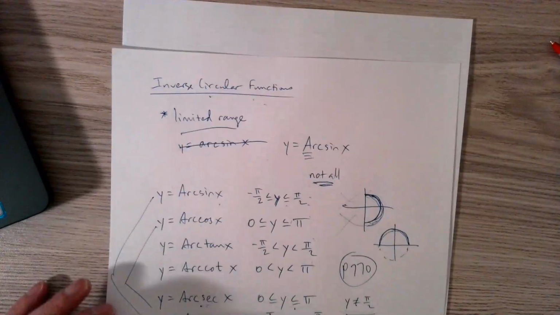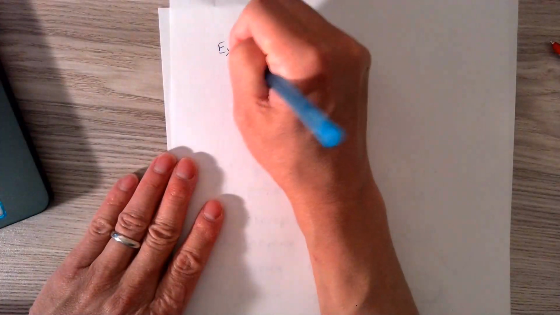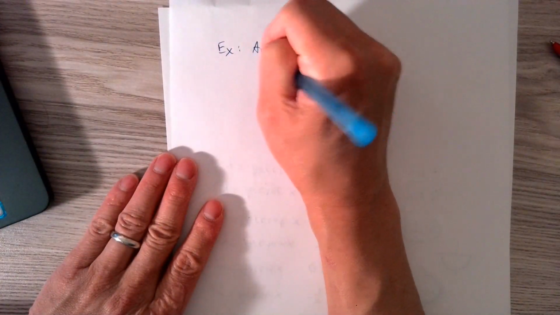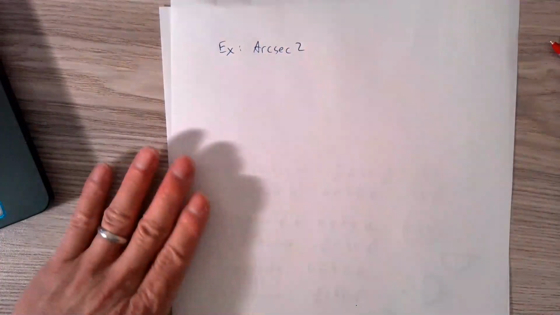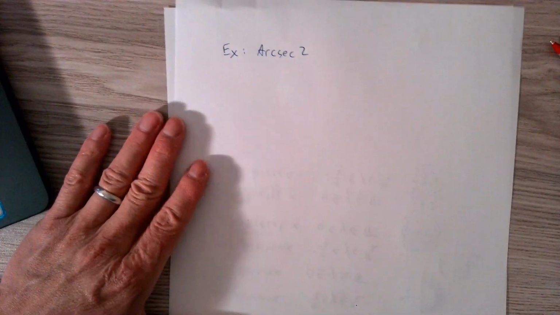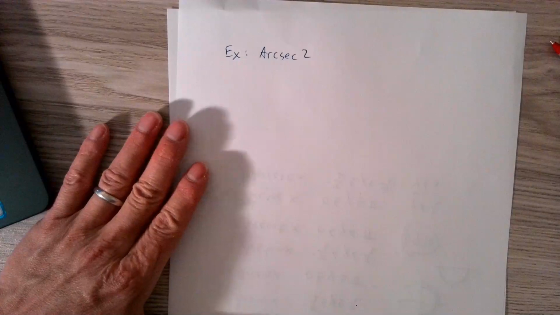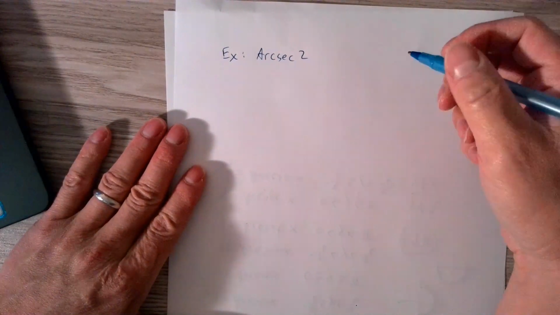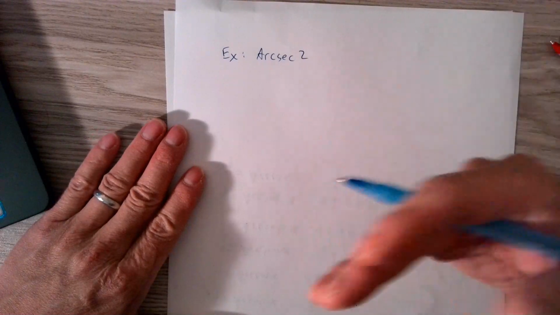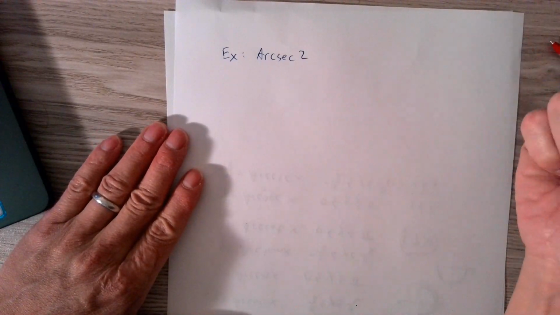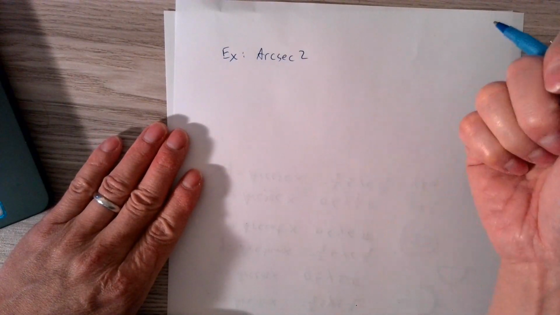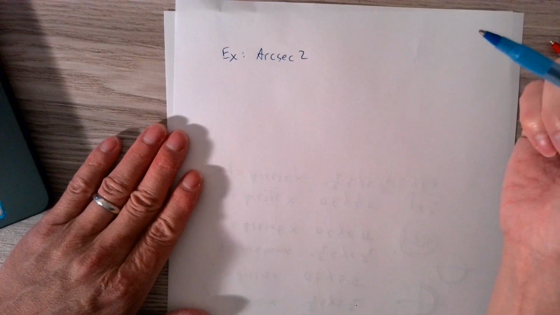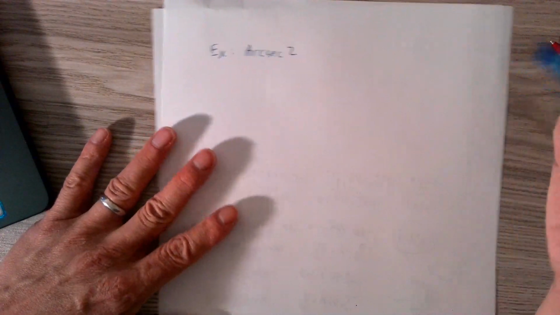So let's try some examples. So capital A, arcsecant 2. So let's talk this out. I'm looking for an angle or angles that have a secant value of 2.